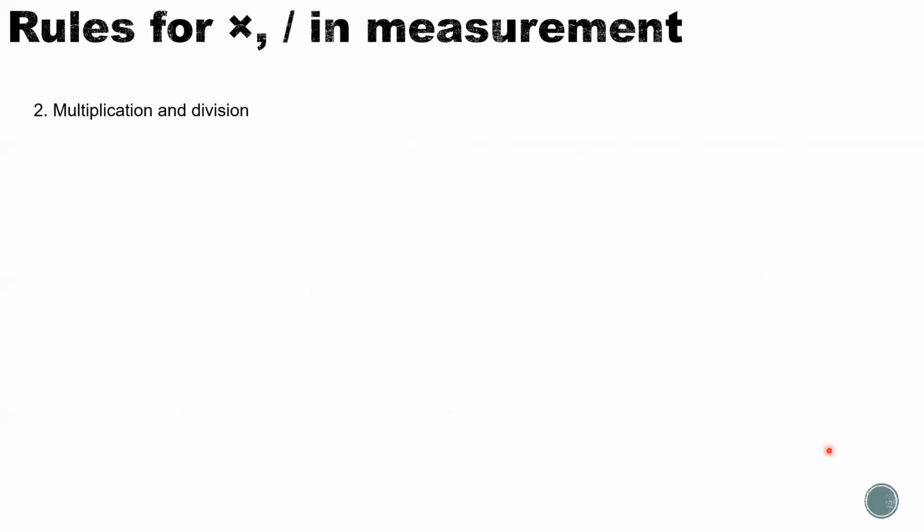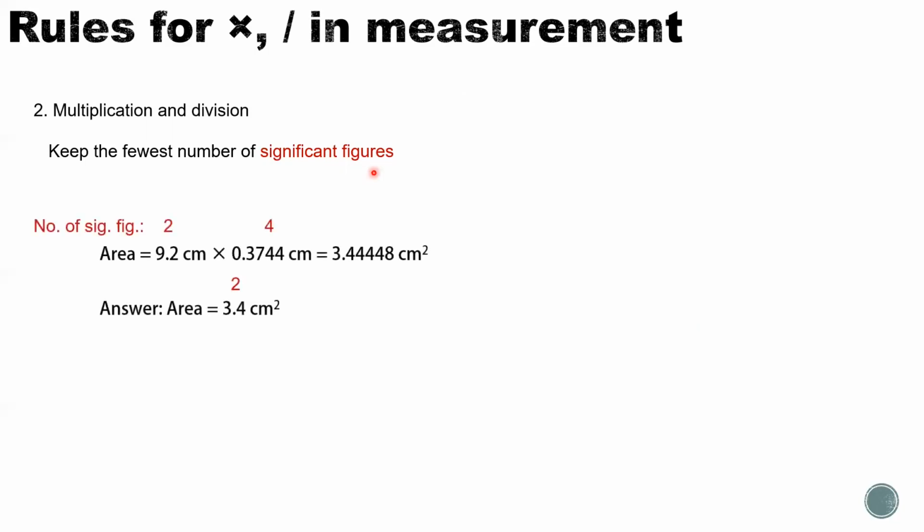However, if we do multiplication and division, we need to think about the question in another way. For this, we need to keep the fewest number of significant figures. So it's different than before. For example, if we want to calculate an area, we use 9.2 centimeter times 0.3744 centimeters.